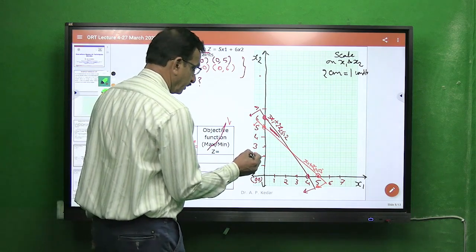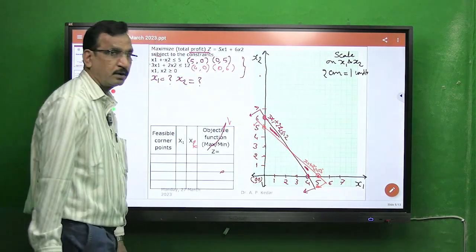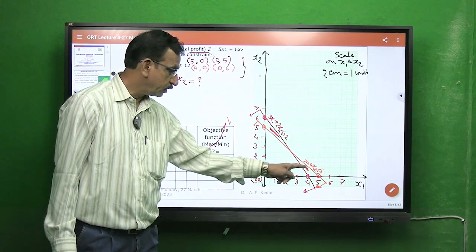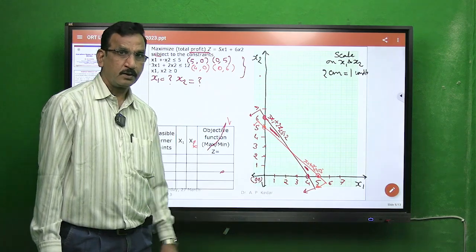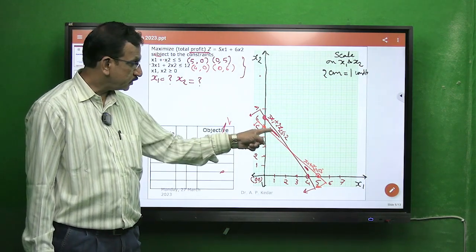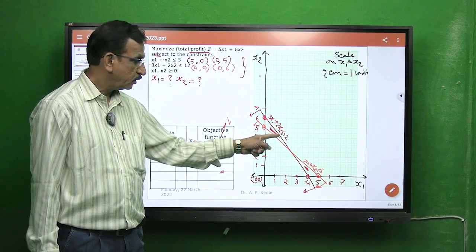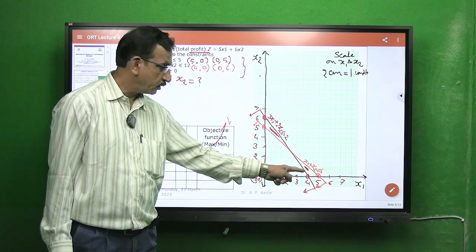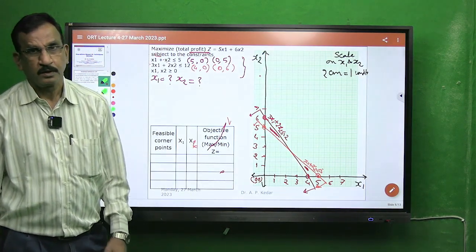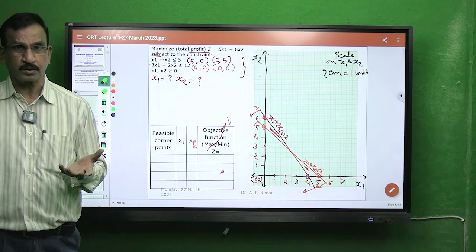Similarly, this region is satisfied by this line, not by this line. So we have seen two cases: in this case this line obeys, this line does not obey. In this case the red color line obeys, the saffron color line does not obey. We have to find the common region which both lines obey.